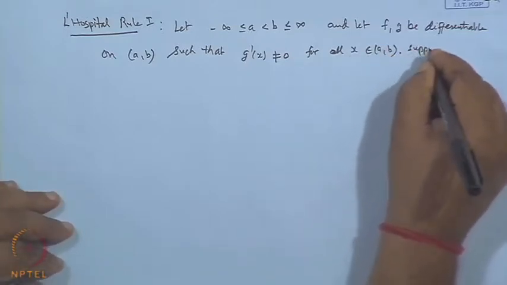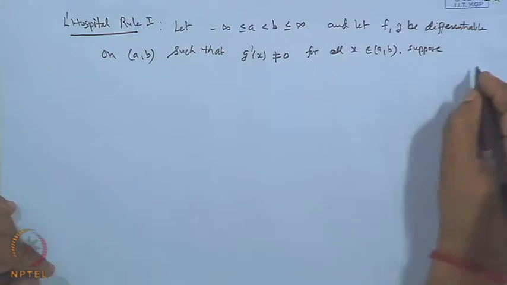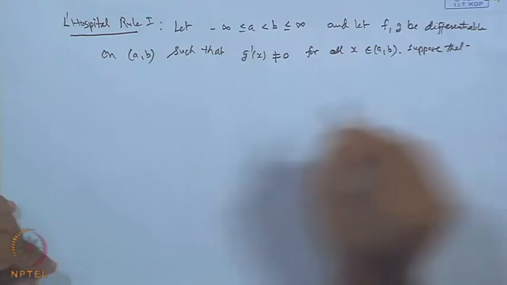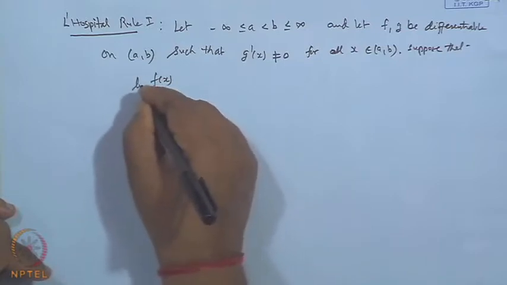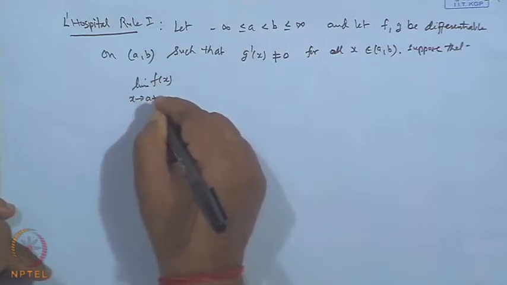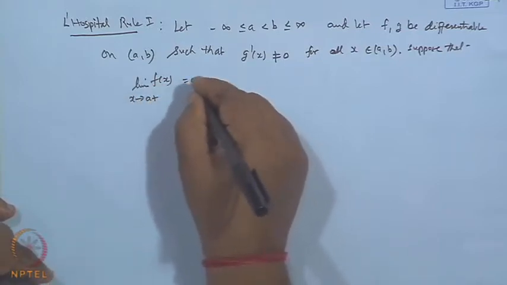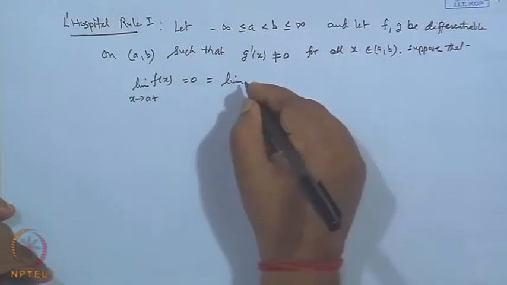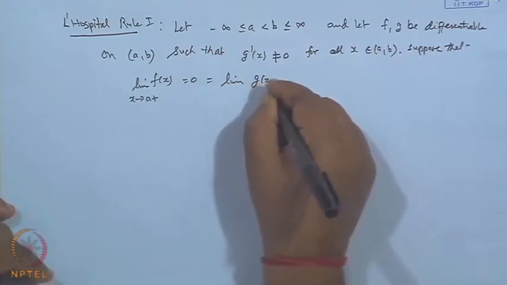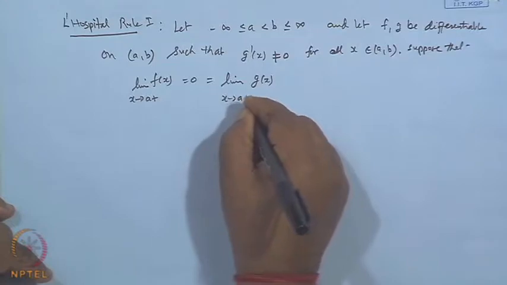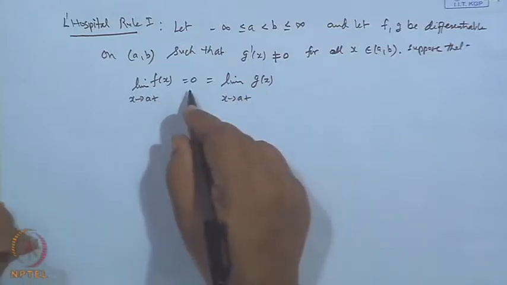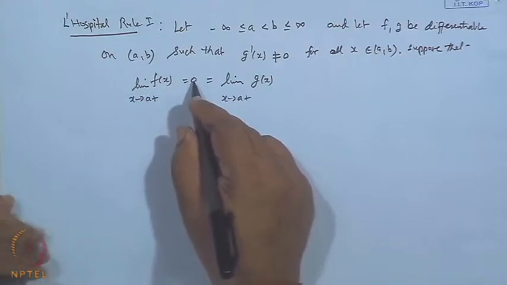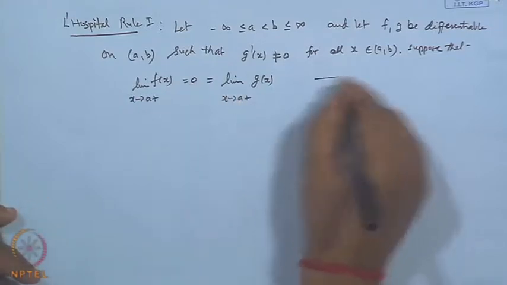Now, suppose that the limit of the function f(x) when x tends to a plus is 0, which is the same as the limit of g(x) when x tends to a plus. Both have the right hand limit existing and equal to 0.